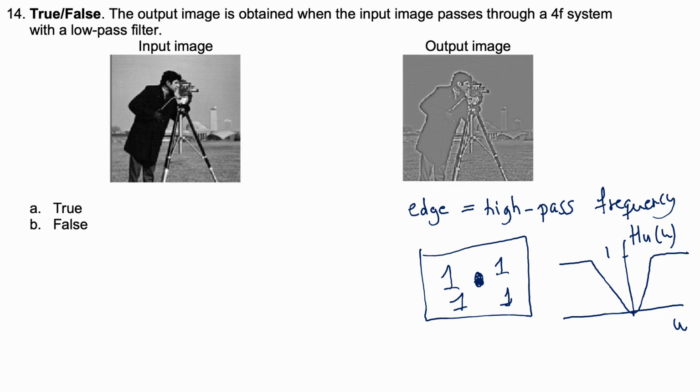No, that is false, because we are saying that what we see is the high pass filter, right? So for a low pass filter, I'm only allowing to pass the low pass frequencies and not the high. So that is false. And this low pass filter needs to be a high pass filter.